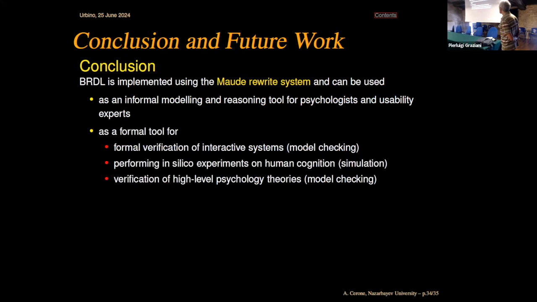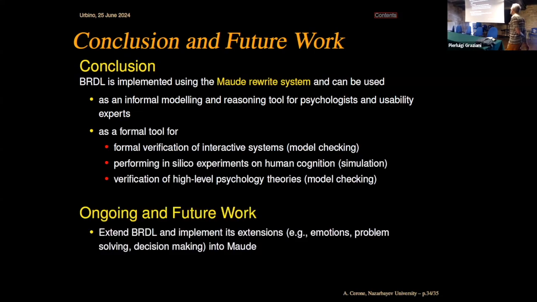But as a formal tool, we have seen that it can be used for formal verification of interactive systems, model checking. We can perform in silico experiments on human cognition using the simulation, but also we can verify high-level psychology theories. We have seen the description of the task failure and its decomposition formulated by psychologists, and we have verified and corrected it using model checking.